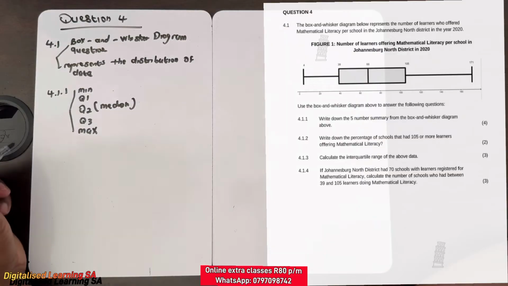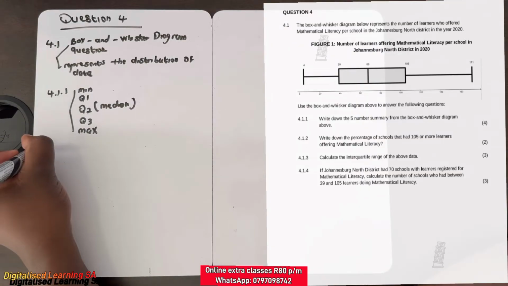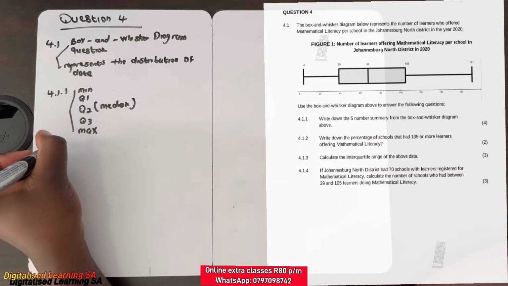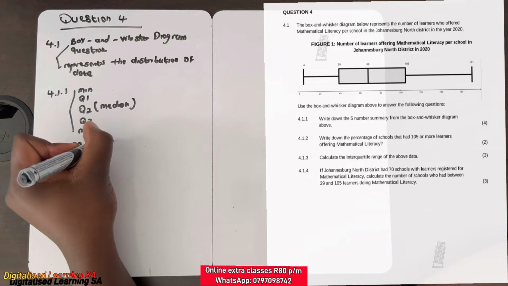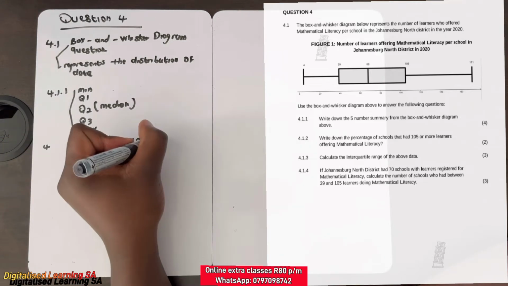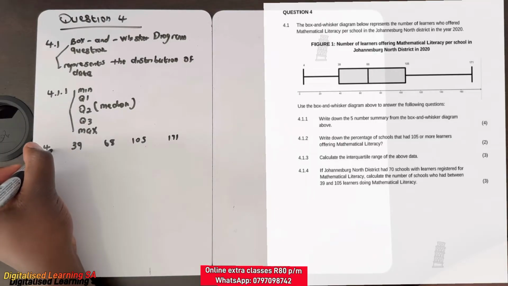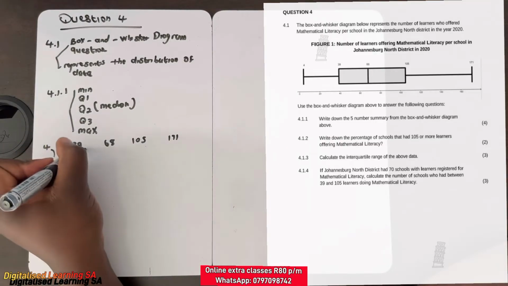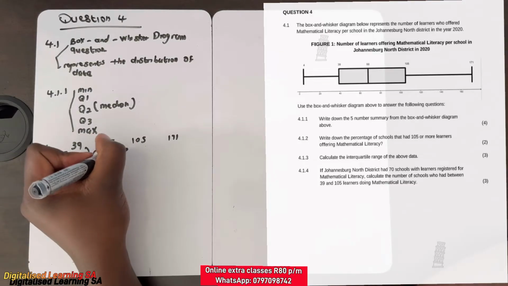The 5-number summary is represented by 4, 39, 68, 105, and 171. The distance in between is equal across.